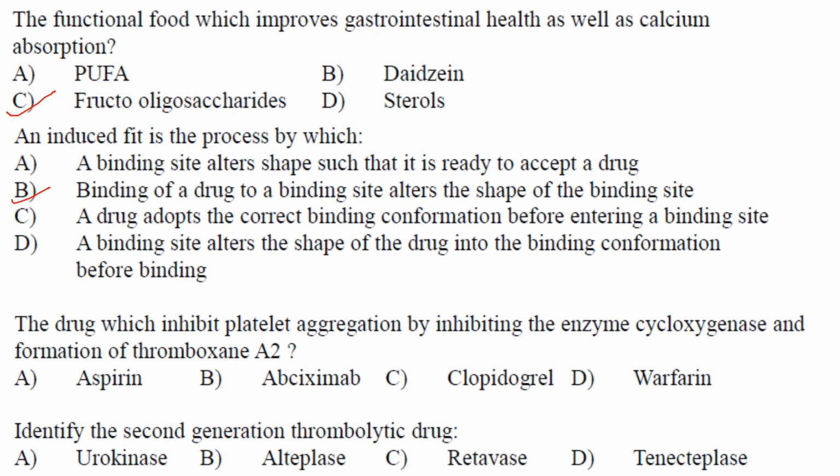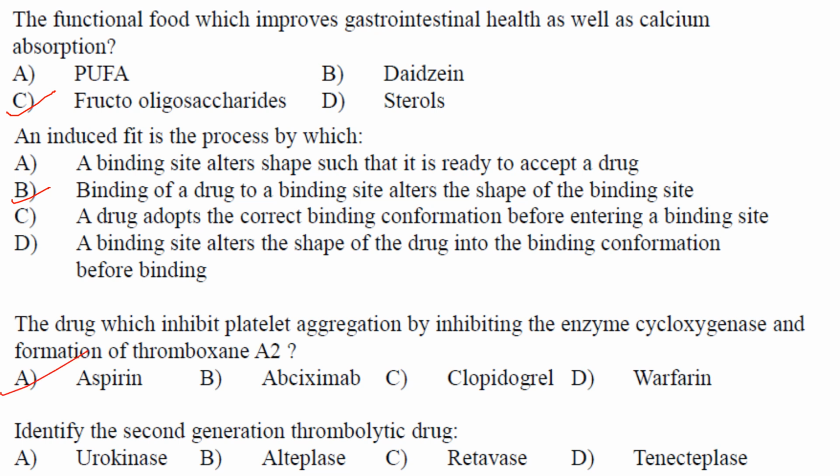The drug which inhibits platelet aggregation by inhibiting the enzyme cyclooxygenase and formation of thromboxane A2. It is aspirin.